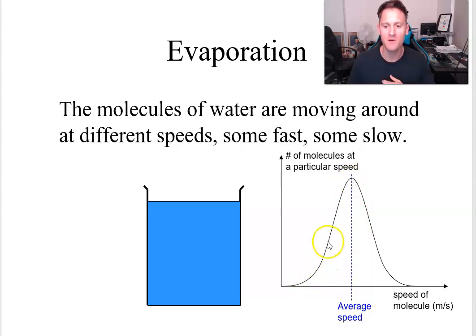There are a few molecules, as we go to the left-hand side, that are moving slow. So the molecules near this end would be moving very slow, and there's very few of those molecules. There's also very few on the other end of the curve that are moving very fast. So the point I'm getting at is not all molecules are moving at the same speed.